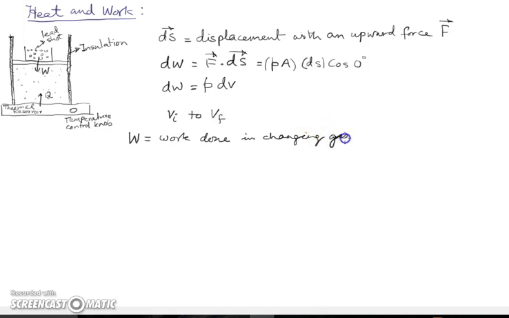Then we can integrate this small dW from V initial to V final, and that will be the integral of P dV.